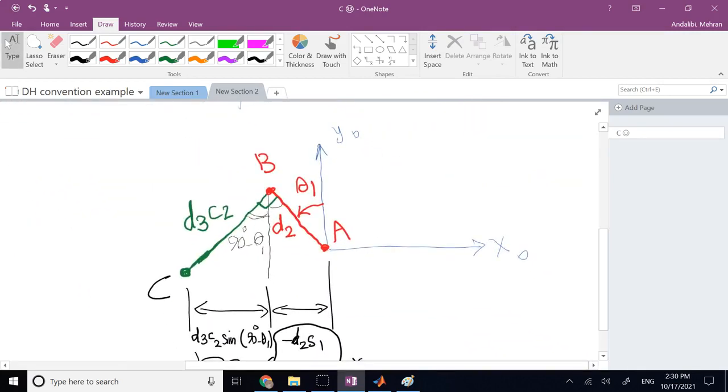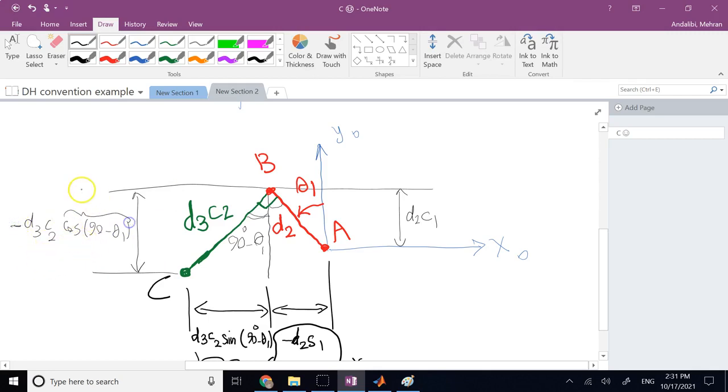Then if I say what is the y, then for y, you need to get this much positive. You have to subtract it from this much, which is negative, and that gives you y. This one is clearly d2 times cosine of theta 1, and this distance here is d3 cosine theta 2 times cosine of 90 degrees minus theta 1, which again, you know from trigs, is sine of theta 1, and that's downward.